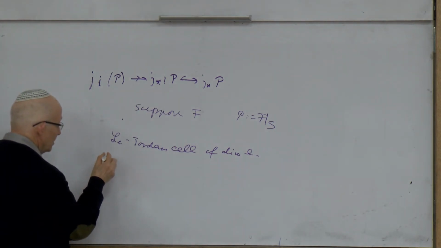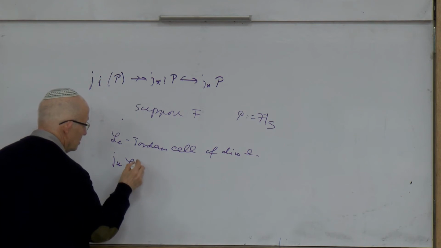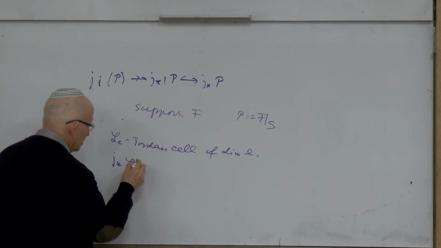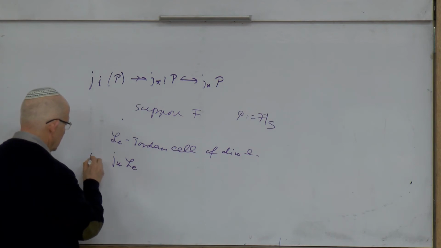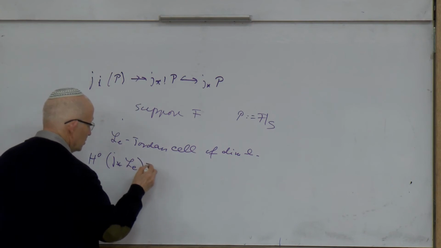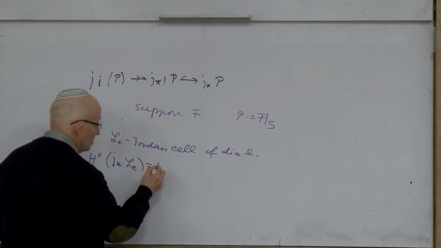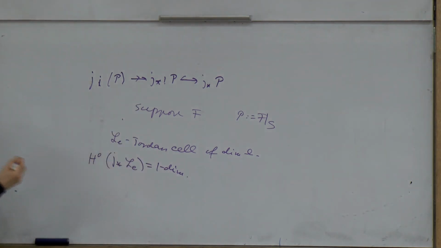Then the claim is that if you consider J star of L_l and consider its H naught sections, then this will be one-dimensional, because the invariants are just one-dimensional, despite the fact that the space is large.